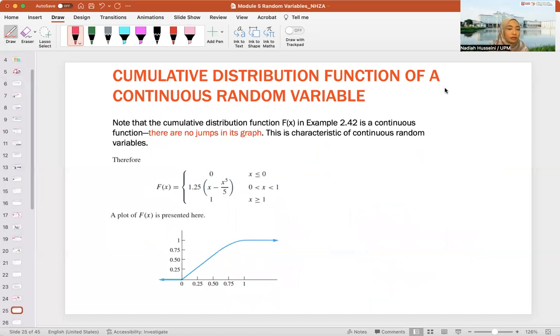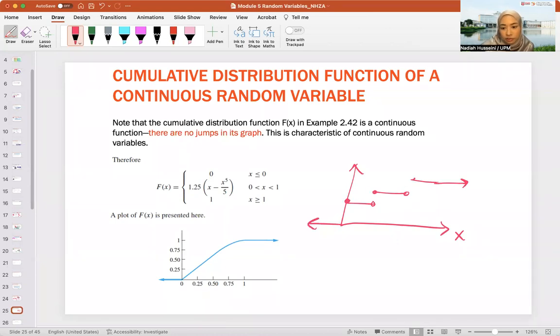Okay, so note that the cumulative distribution function in the previous example that we did is a continuous function. There's no jumps in the graph. Remember for our cumulative probability mass function, we had something that looks like this. Hollow, hollow, and this guy like this, right?